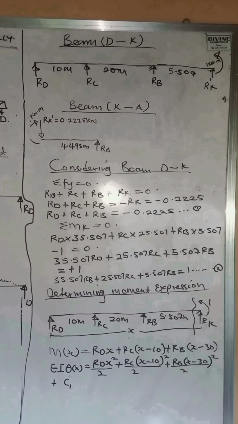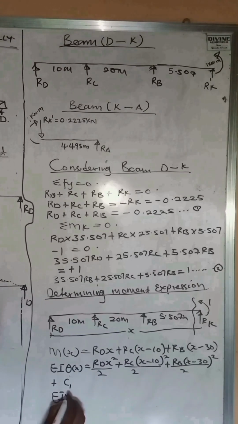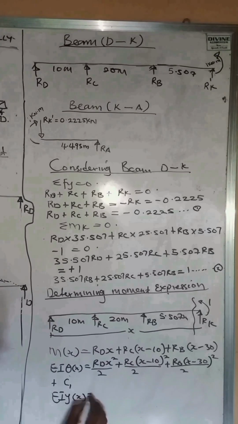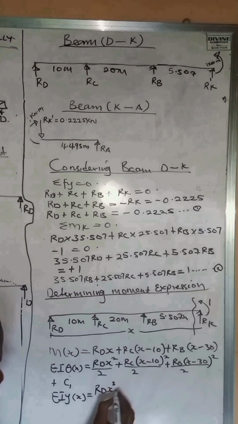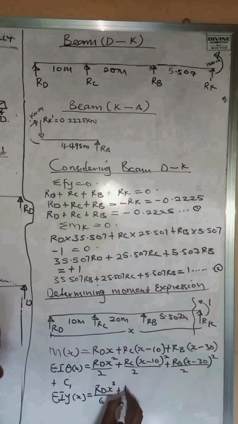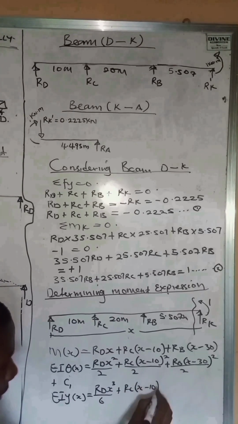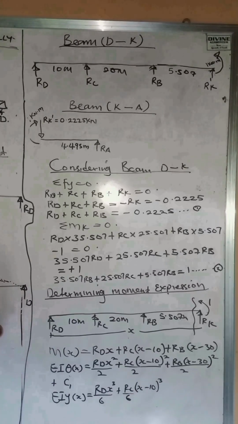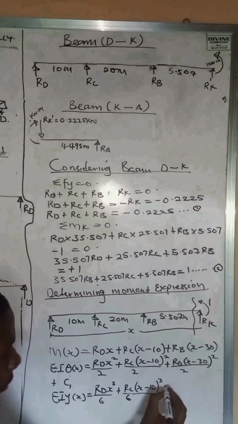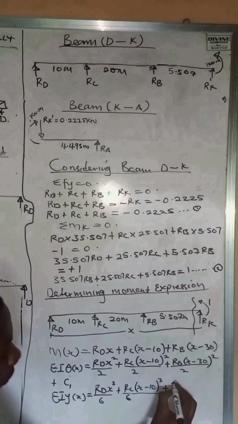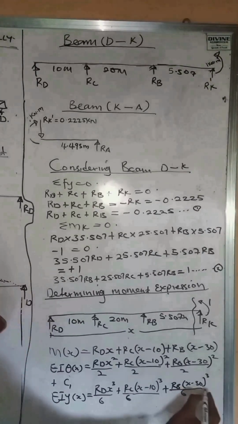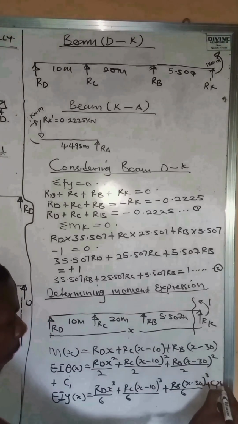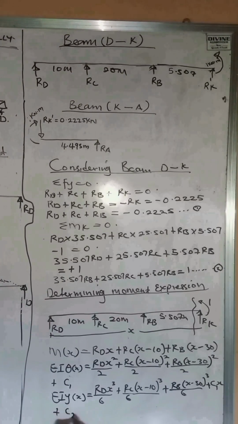Now we're going to integrate further to get the deflection expression. So we have the flexural rigidity EI, where Y represents our deflection, is a function of X. So we have RD X raised to power 3 over 6 plus RC times X minus 10 raised to power 3 over 6 plus RB times X minus 30 raised to the power 3 over 6 plus our C1 from our first integration plus our C2.